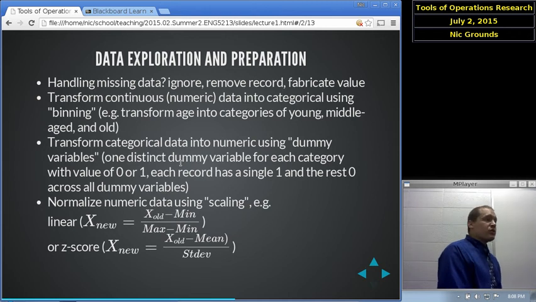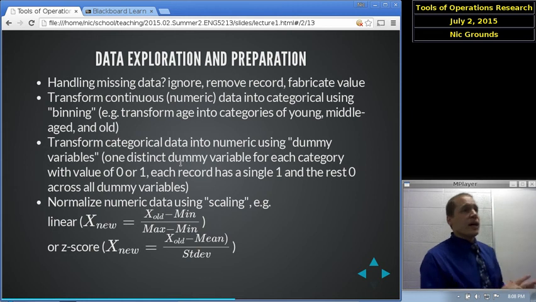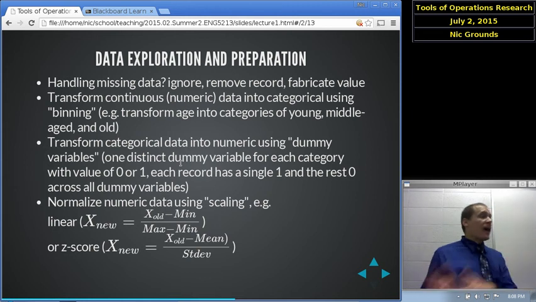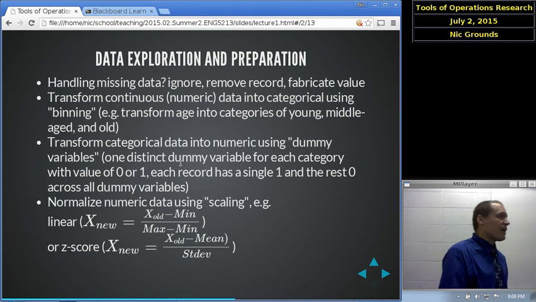The technique we use to do that is called binning, or bucketing, where we basically say we're just going to define a range of numeric values, and any record that falls within that range, we'll put into the same category. We'll just make up a category name for all the ages in that range. And all the ages in a different range will get a different category assigned to them, and so forth. So in that way, you're taking numeric data and assigning it to different categories based on the range of values. Okay?